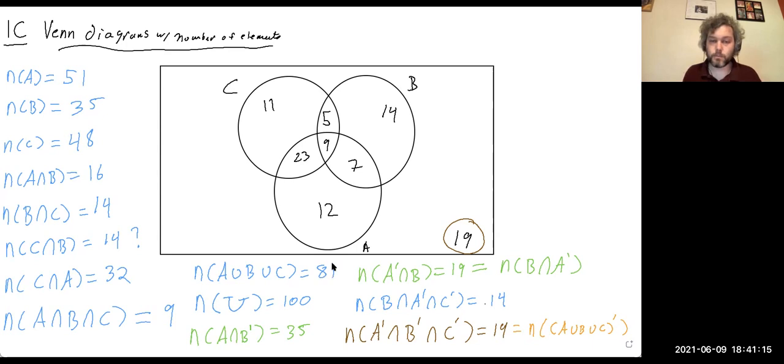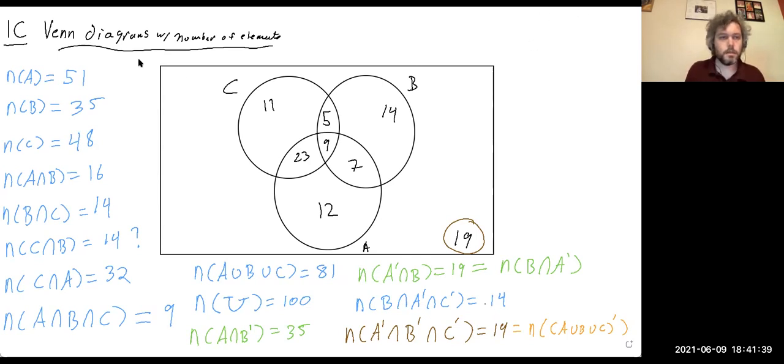Well, the union is 81 and the universe is 100. The difference there is 19. So we see that De Morgan's law seems to be relevant and true in many different ways.